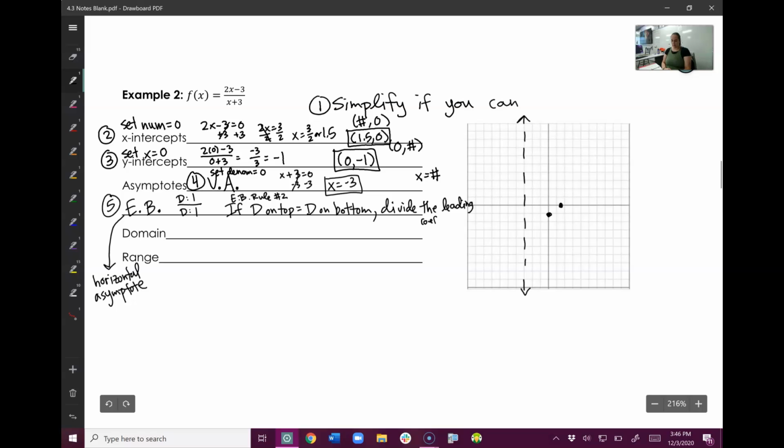And if you remember from last chapter, the leading coefficients are the numbers in front of the exponent with the degree.